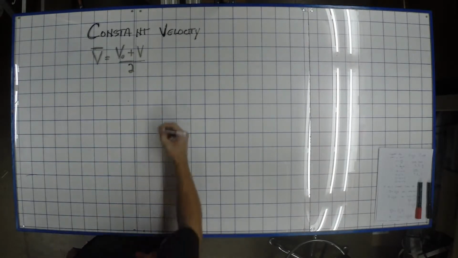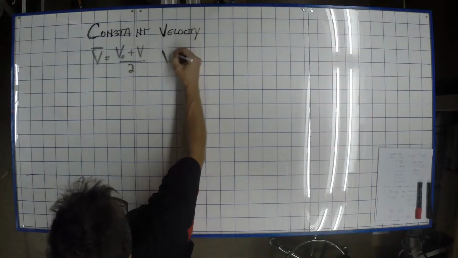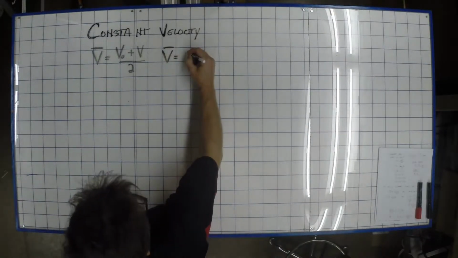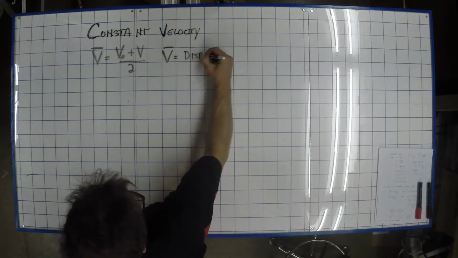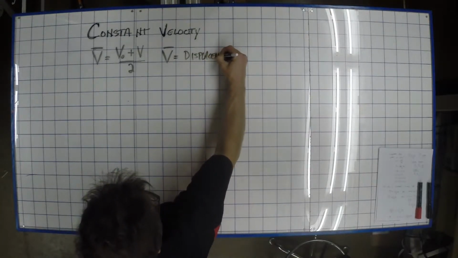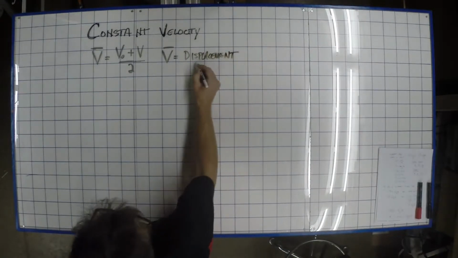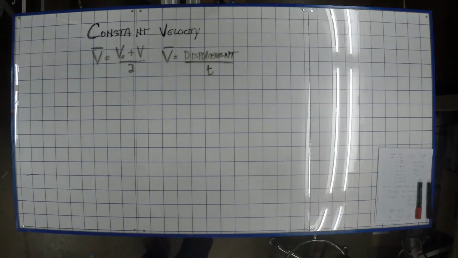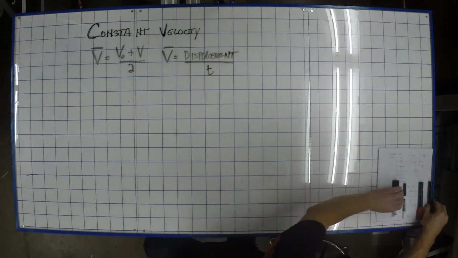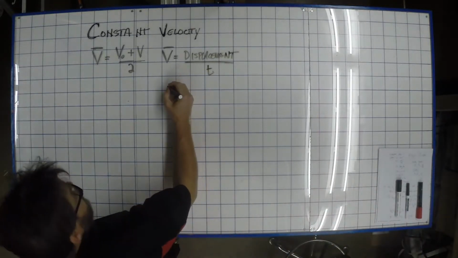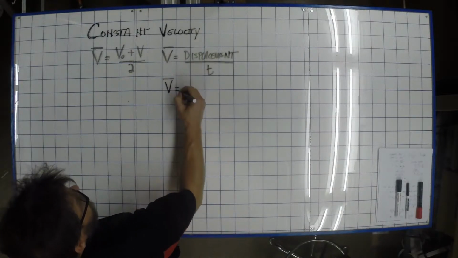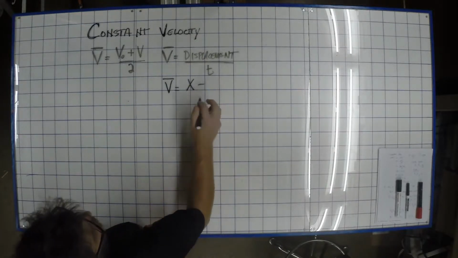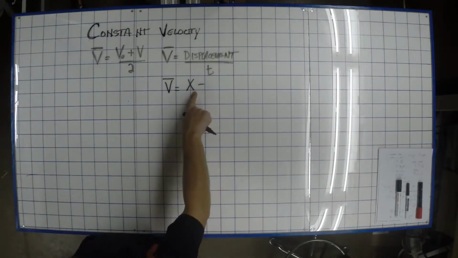Now, the other thing that we know about average velocity, and this would be true regardless, is your average velocity is your displacement divided by your elapsed time, your change in time. Well, if you remember displacement, that means our average velocity is going to be our final position. When we're working with the kinematics, we don't put a final there, we just leave nothing there.